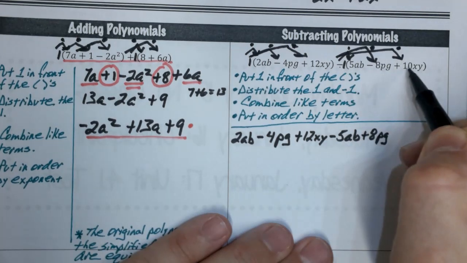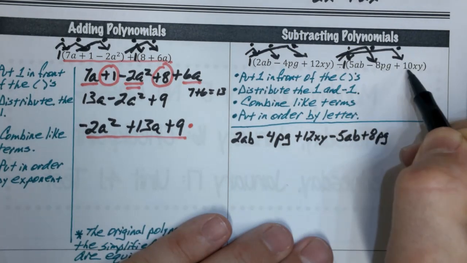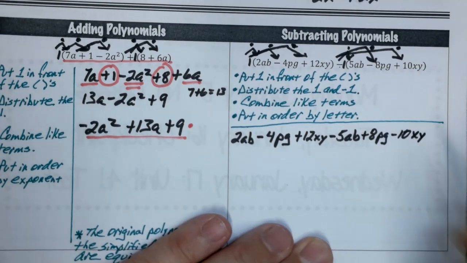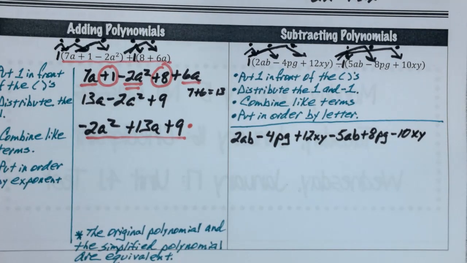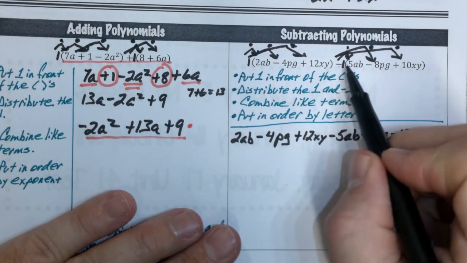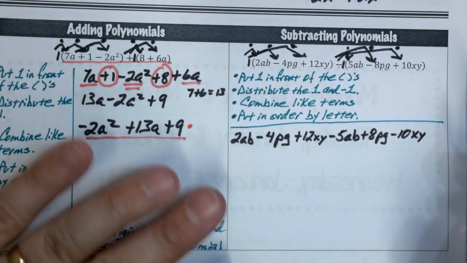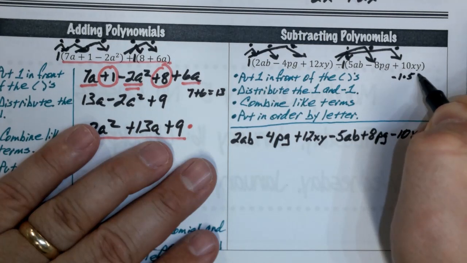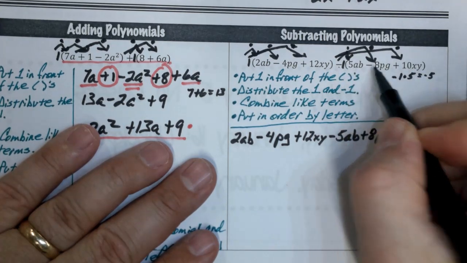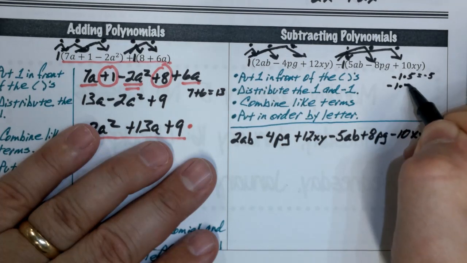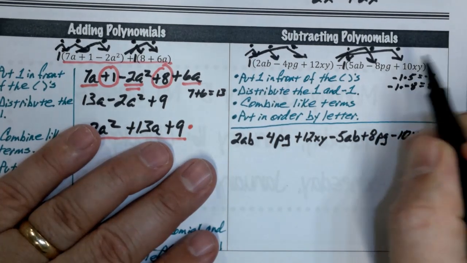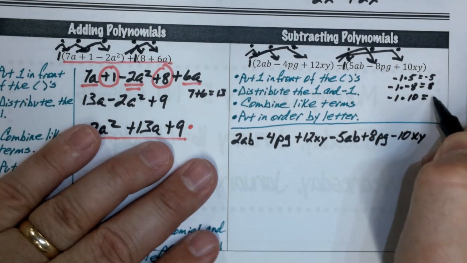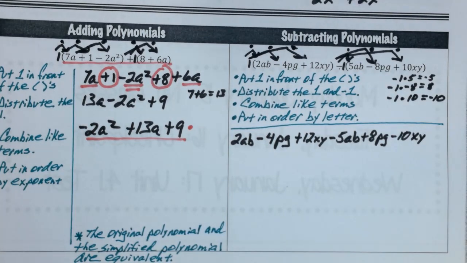So negative 1 times 10xy, that'll just be minus 10xy. Just like that. Now remember, if you can't multiply these in your head, multiply it in decimals. So for this first one, you would go negative 1 times 5, which is negative 5. Negative 1 times negative 8, that'll give you 8. And then negative 1 times 10, that'll give you negative 10. So that's how we got the numbers.